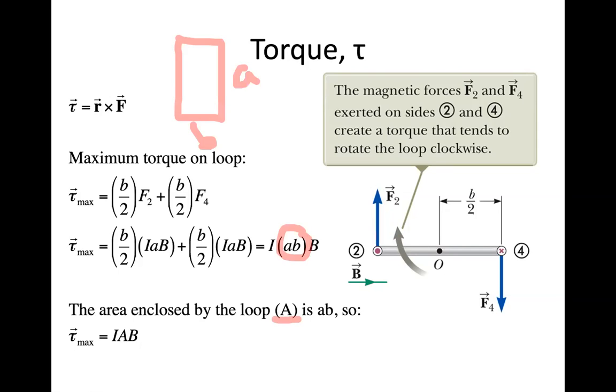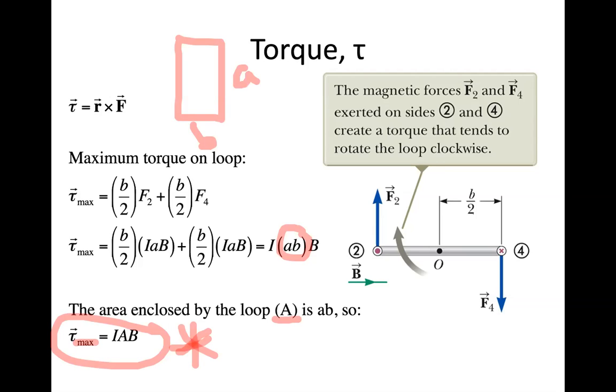So I can replace this: the maximum torque is the current times the B field times the area of the loop. And this is exactly the equation that we want. Now notice how this is the maximum. Maximum means that the forces are lined up to give us that 90 degree direction, right? That gives us the maximum.